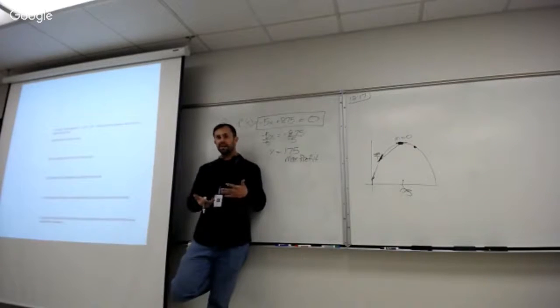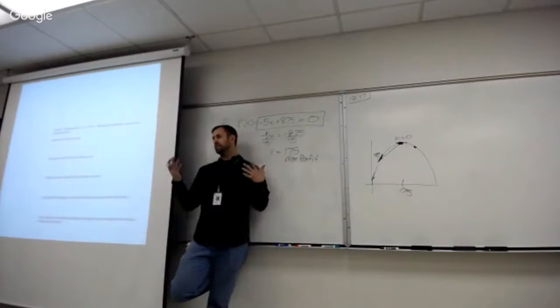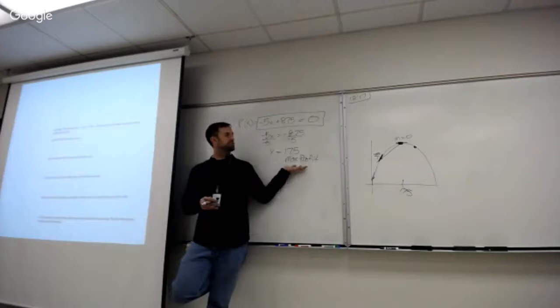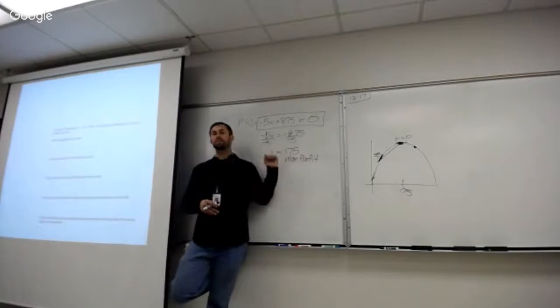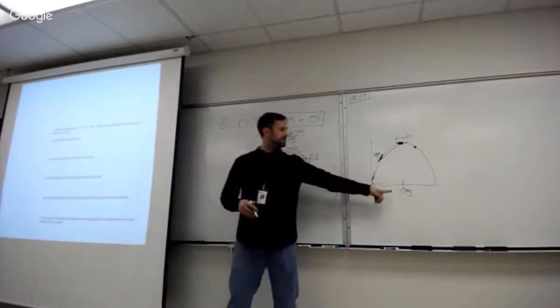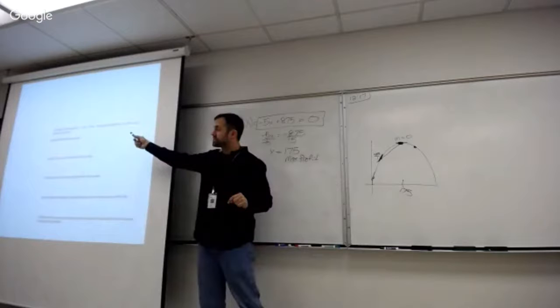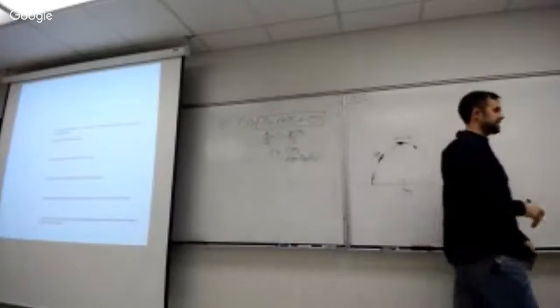Maybe, maybe not. Let's say that you've been making your dresses or hats or whatever you make all year long, and you just reached your 175th sale, and that was the maximum profit. I don't even know what the maximum profit was. We would have to plug 175 into this function and find out. But that would be the maximum profit that we would get. Let's go ahead and find out what that is.